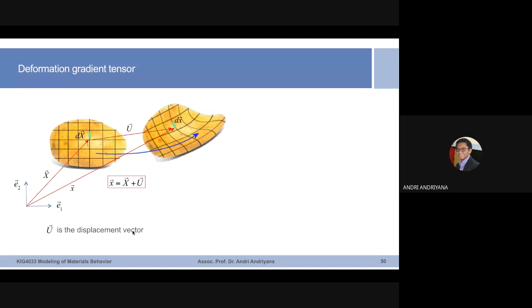Now, how do I link the small dx here to the large dX here? All right. I will not go into the detail of mathematical differentiations and so on. I will just jump into the final result, that this deformed line can be related to the initial line through an operator, which is called the gradient of vector x, small x. You have learned in the first year what a gradient is, okay?